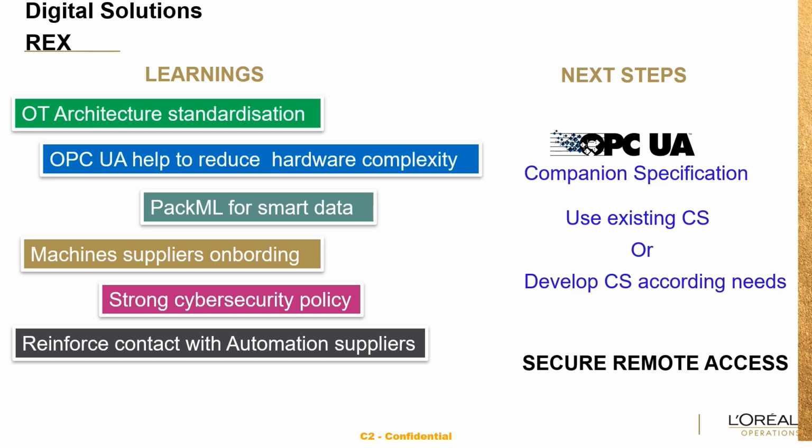We will try with my team to focus on existing companion specifications where the foundation is already set up, but we are open to develop new companion specifications according to our needs.